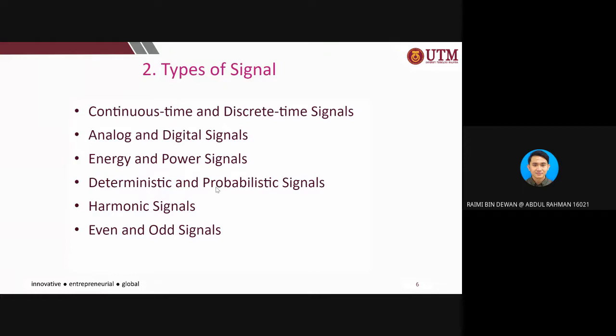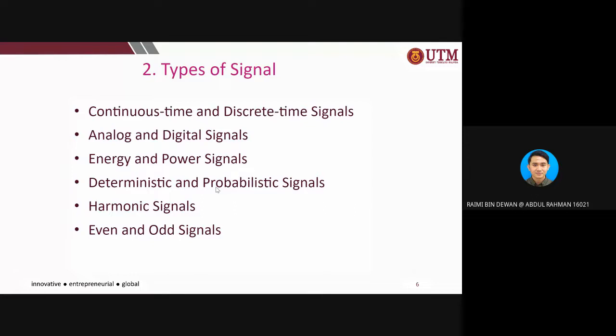Then deterministic and probabilistic signals: deterministic can be known or determined, and probabilistic is sometimes random in nature. Then we have harmonic signals. Harmonics are actually repeated signals, that's why we call it harmonic.